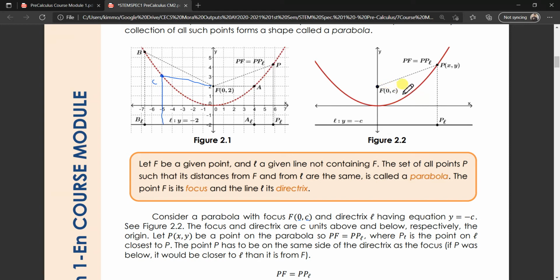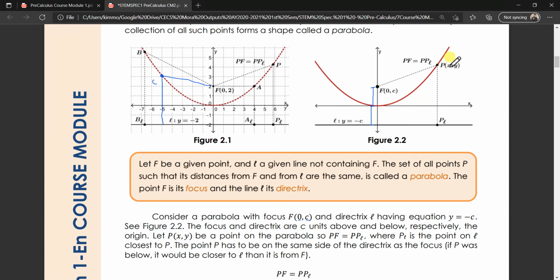And our directrix has the equation y equals negative C, meaning the value of C in the focus should be equal to the value of our line here, which is y equals negative C. So the focus and directrix are C units above and below, right? The distance from here going to our origin is distance C. Also, the distance of our line going to the x-axis is negative C. So they are the same.